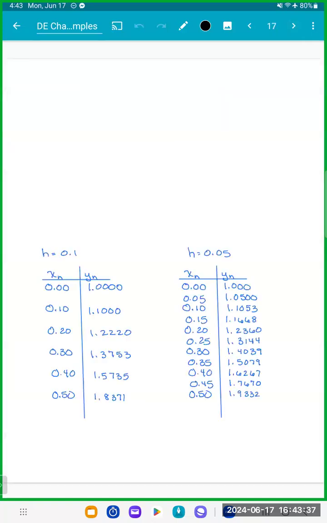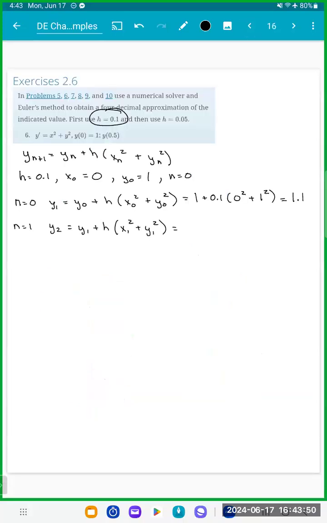Our x values are increasing. It was 0 first, and then we're adding 0.1, and then 0.1, 0.1, 0.1 each time, right? So when we look at that, this is our y1 value, so that is 1.1, plus my h stays at 0.1 throughout the whole duration of this table that we're calculating.